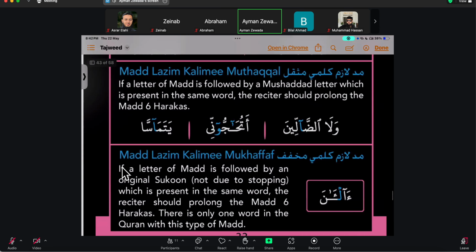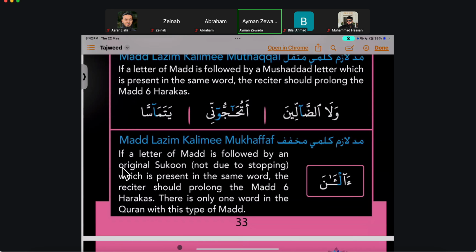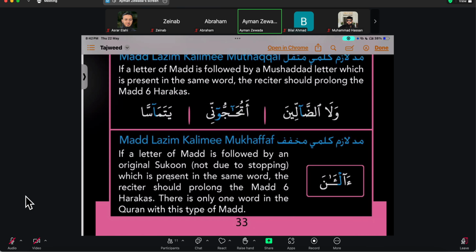All right. The next type, mad lazim kalimi mukhaffaf, is if a letter of mad is followed by an original sukoon. So again, what's an original sukoon, Brother Asrar? Honestly, I'm not sure what the original sukoon means. Sorry. All right, someone else, what's an original sukoon?